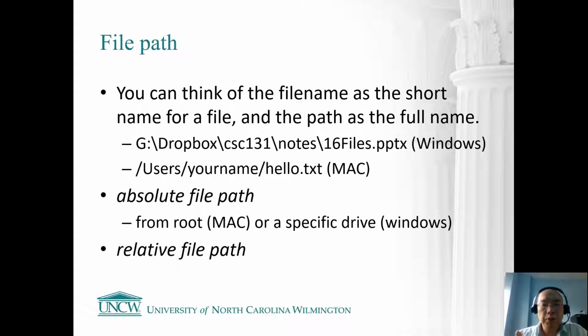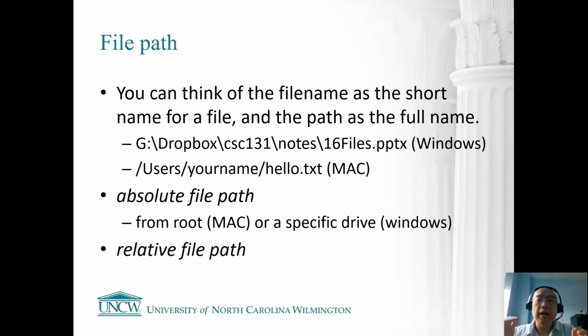And if you want to use a relative file path, that is from the current .py file, in the same folder or in a folder deeper inside. So we are not telling Python where to find the file from the root or a drive. We are using the current location of the current .py file as a start point. Say we are standing in this folder, and inside the current folder there is another file.